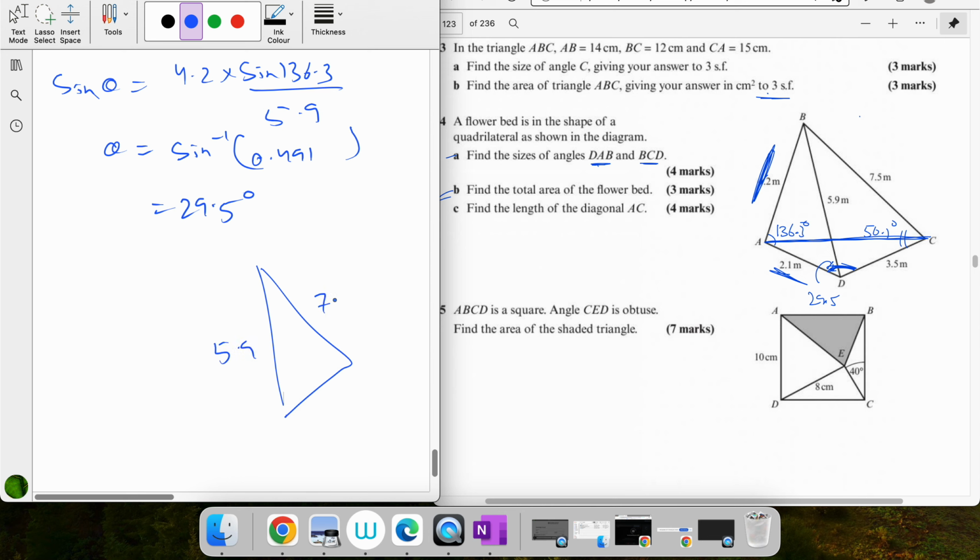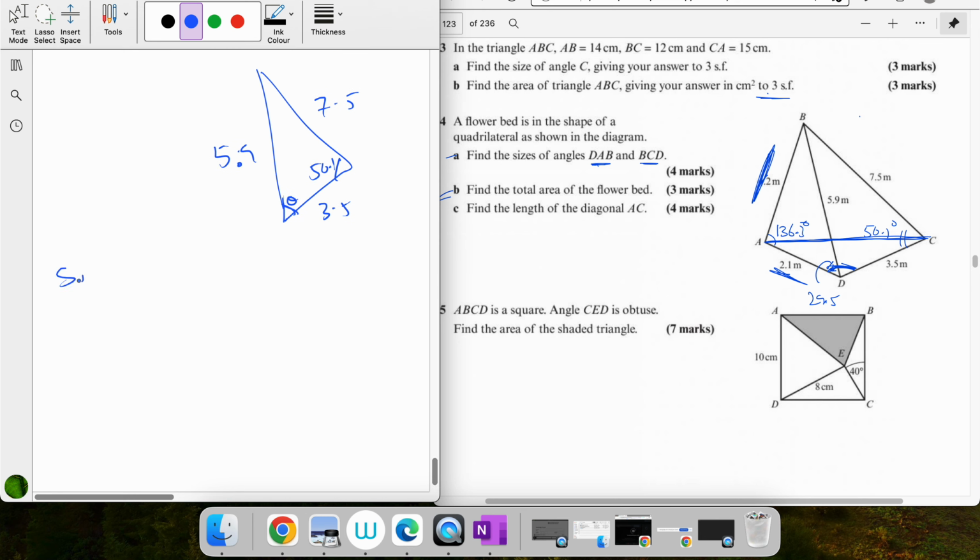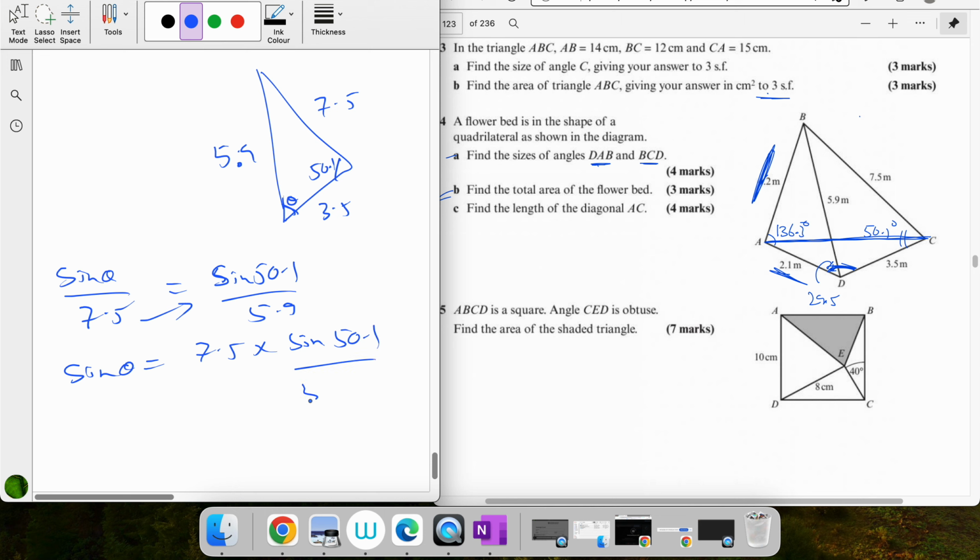5.9, 7.5, 3.5, we have this angle which is 50.1, and this could be found theta. So sine theta by 7.5 in pairs is equals to sine 50.1 by 5.9. So sine theta is equals to 7.5 times sine 50.1 by 5.9.